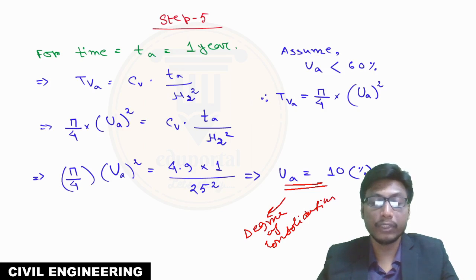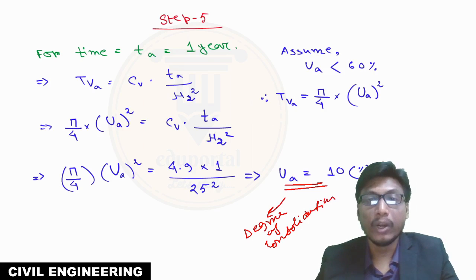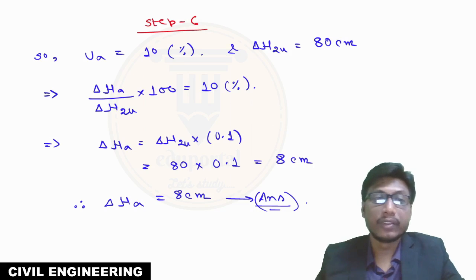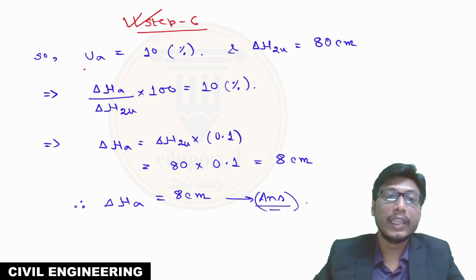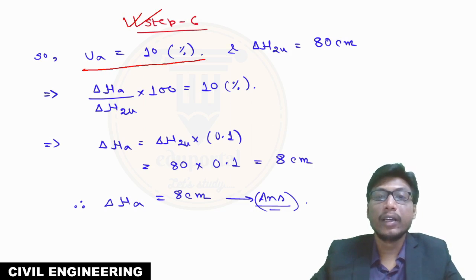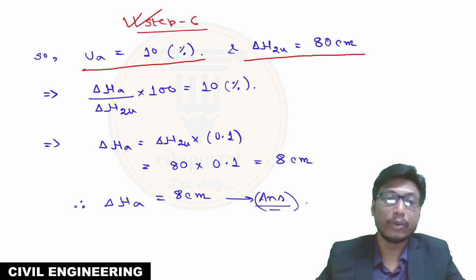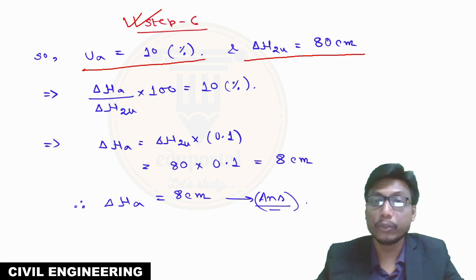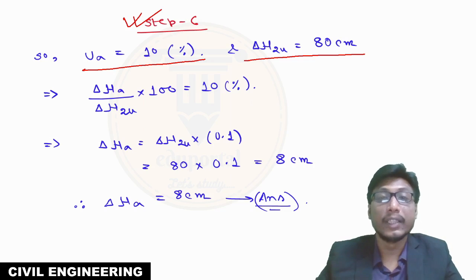So for soil sample 2, after 1 year, the degree of consolidation is 10%. Now, step number 6. Degree of consolidation 10%, ultimate settlement 80 centimeter. After 1 year, what should be the settlement? Again, we use that equation.